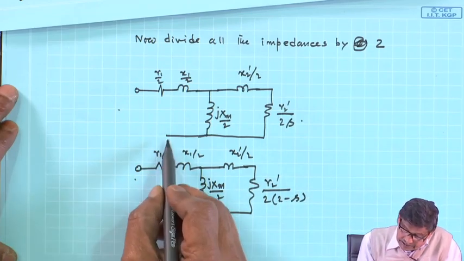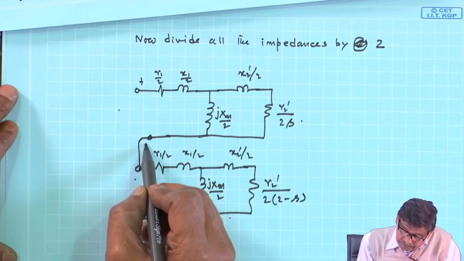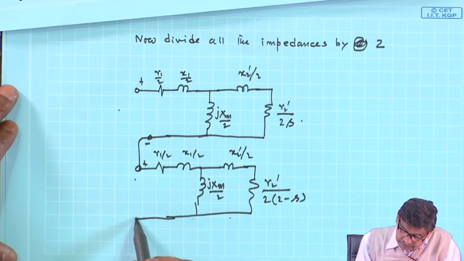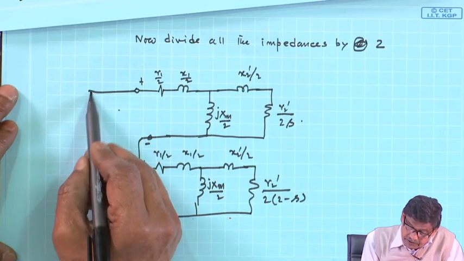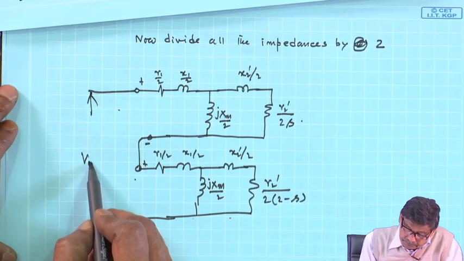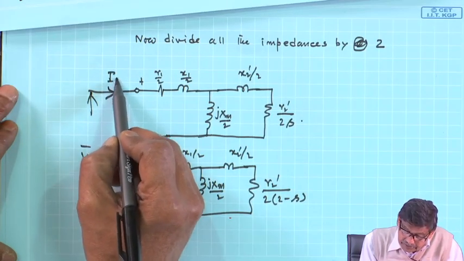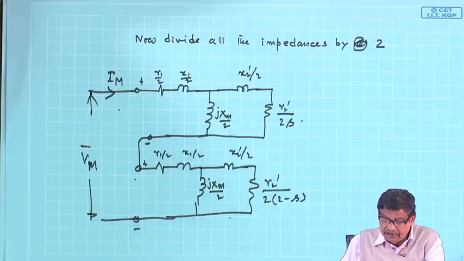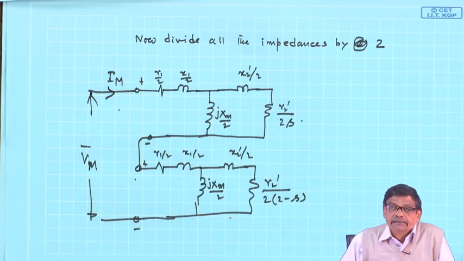These two are already connected in series, plus minus, plus minus, and here is your Vm. Then I will say this current must be doubled, that is what I am telling. This is the thing.